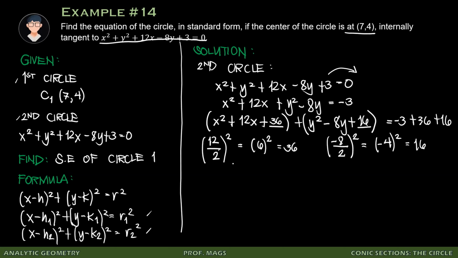Okay? Then, what you're going to do now is to factor this. Kailangan mong ma-factor yan, itong lahat ng x term na ito, itong parang quadratic equation. Okay? Ito din. Kailangan ma-factor mo yan. So, we got x.